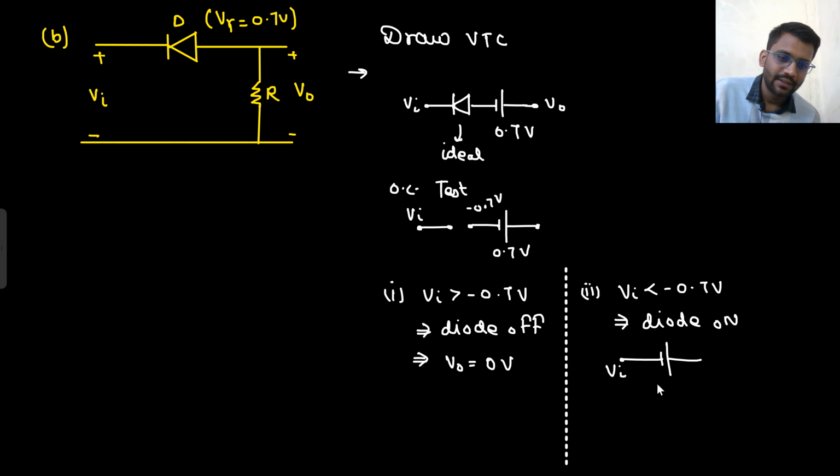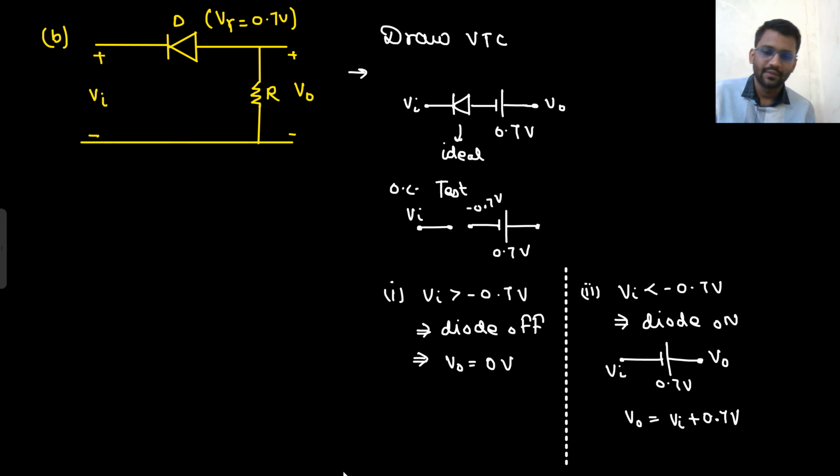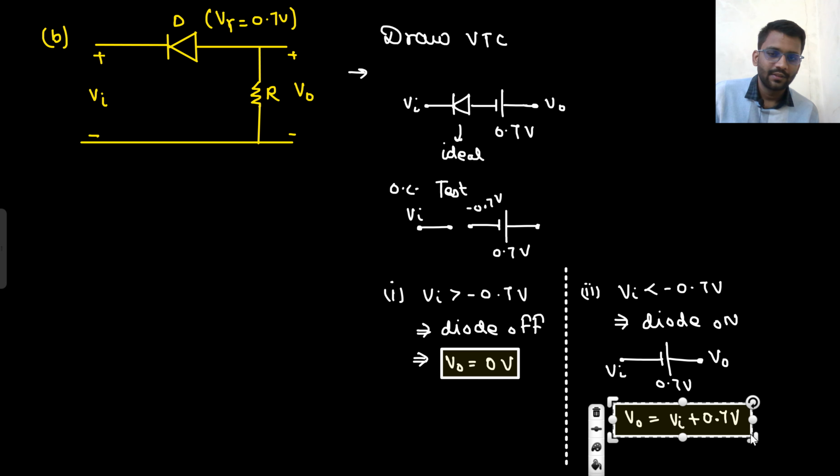This is V in, this is 0.7 volt, and this is your V out. So V out will be V in plus 0.7 volt. Well and good.